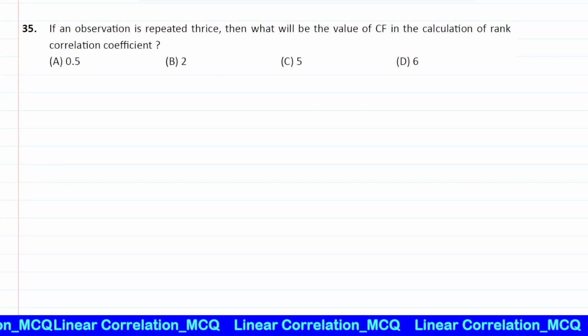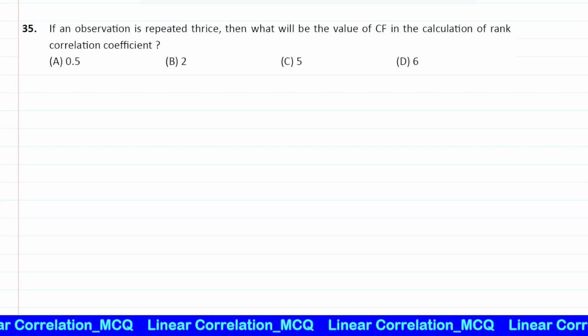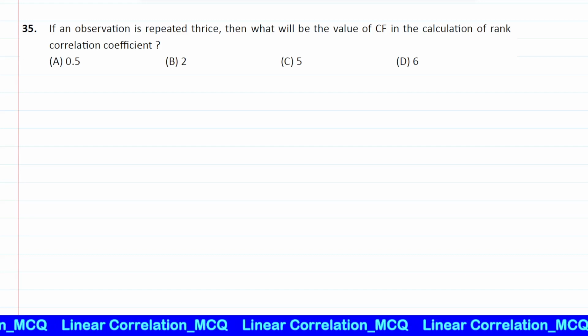Question number 35. If an observation is repeated thrice, what will be the value of CF in the calculation of the rank correlation coefficient?